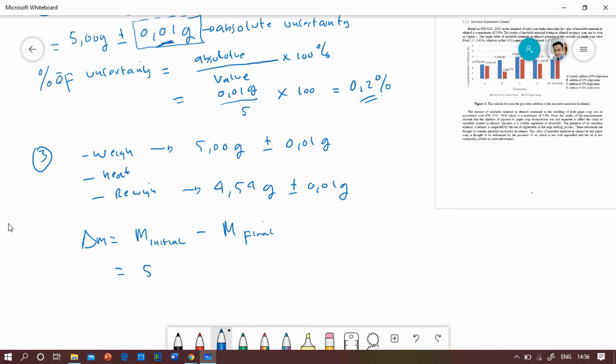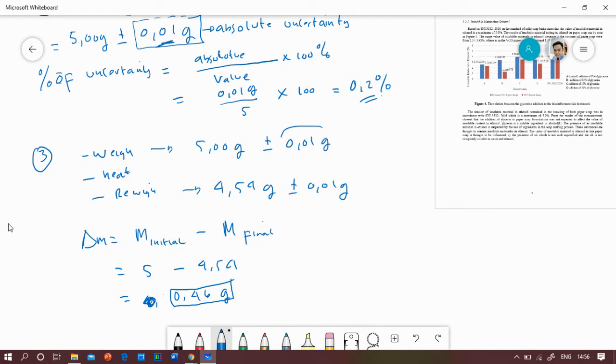Initially it's 5 gram minus 4.54 gram, so the delta will be 0.46 gram, correct? 0.46 gram is the change in mass after heating.